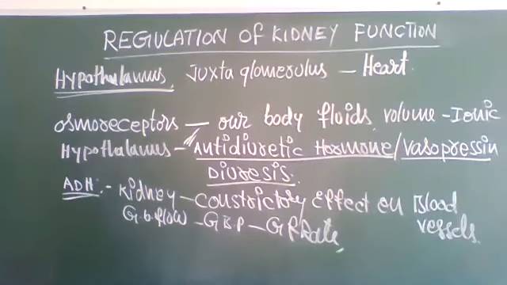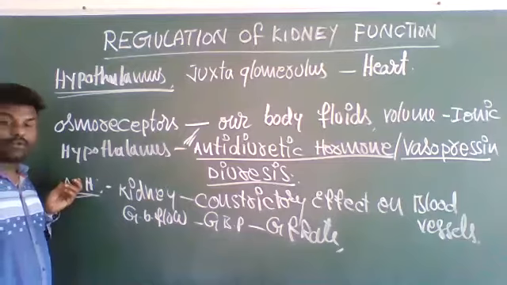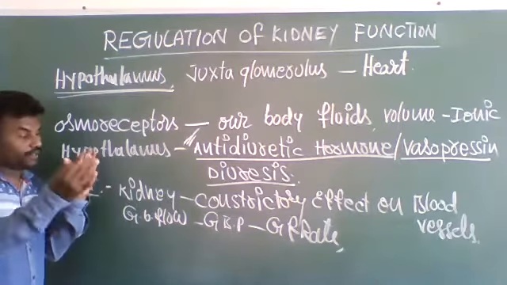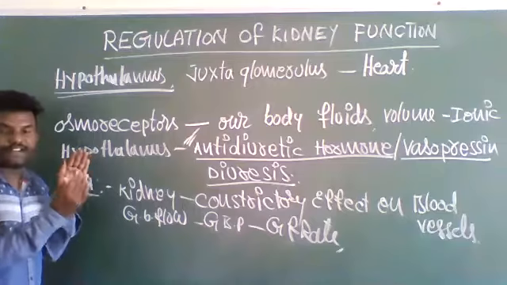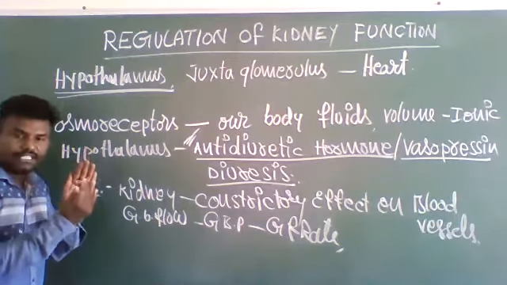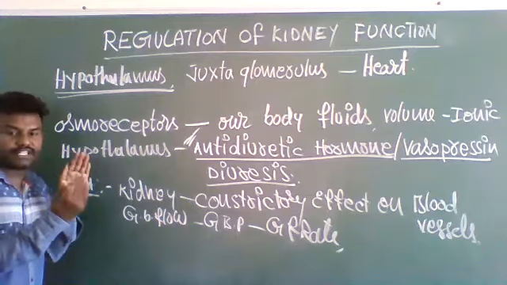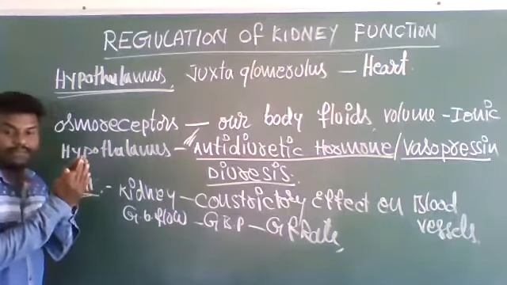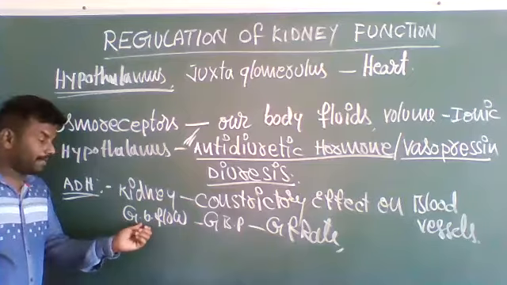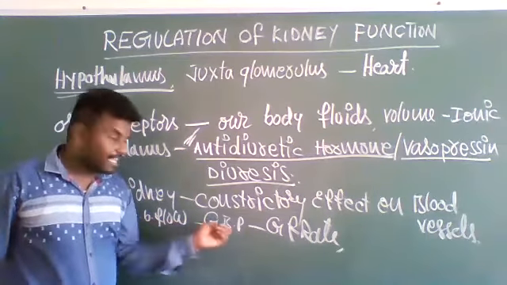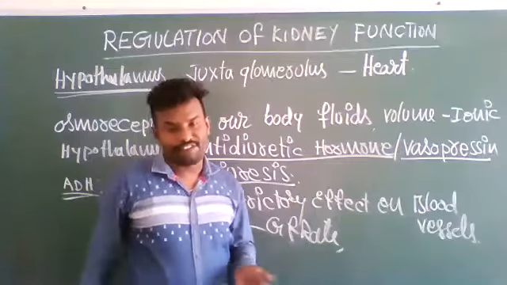So antidiuretic hormone also plays a major role on the kidney. By its constrictory effect, it narrows the blood vessels. When the blood vessels come closer, glomerular blood flow is increased, glomerular blood pressure is increased, thereby increasing glomerular filtration.